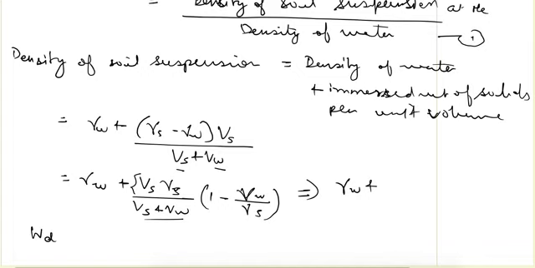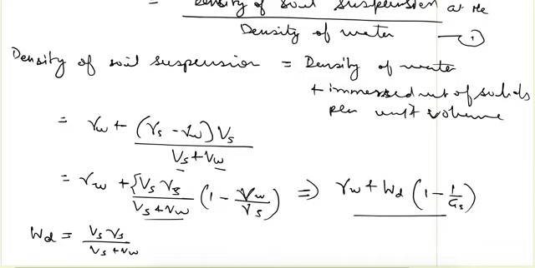So we write it as Wd is Vs gamma S upon Vs plus Vw. So Wd times 1 minus gamma S upon gamma W is the specific gravity, and this value we can put in equation 1 again.